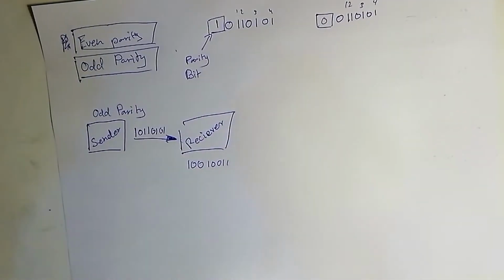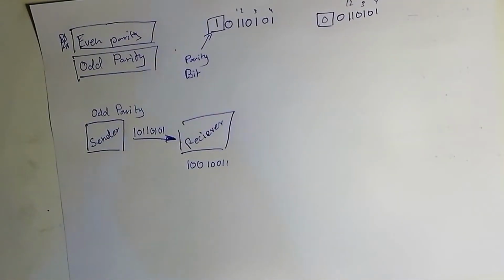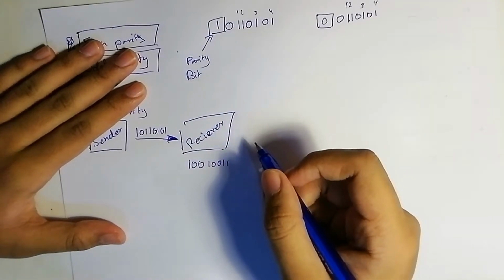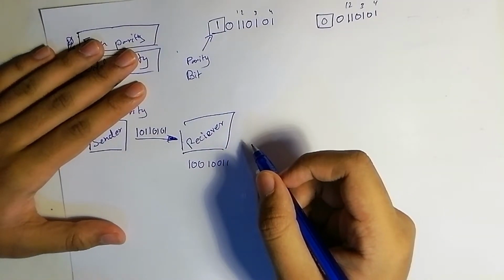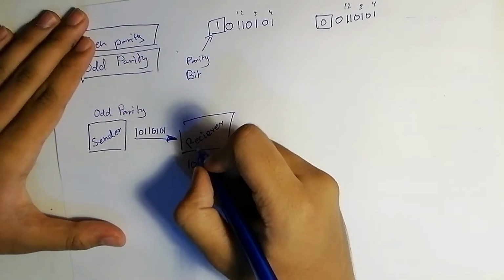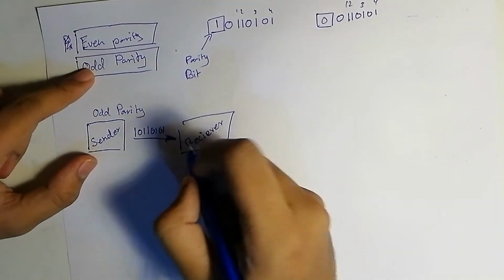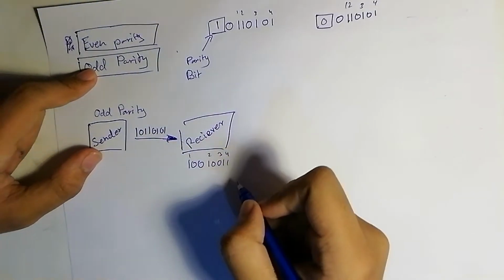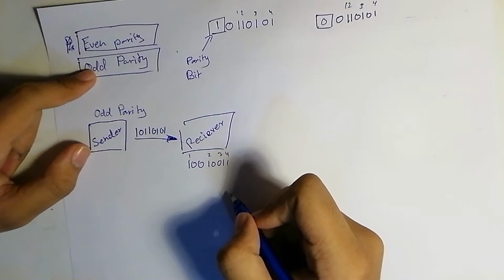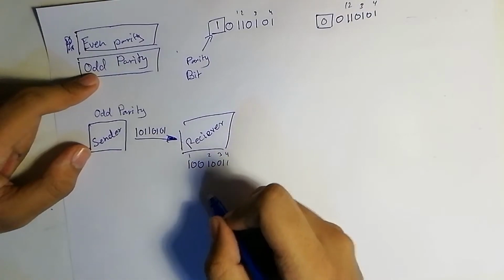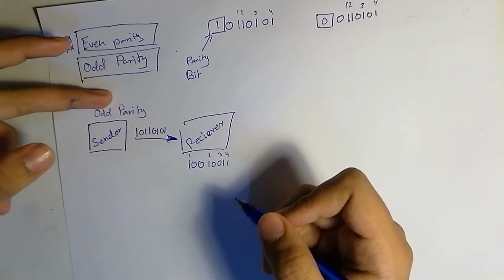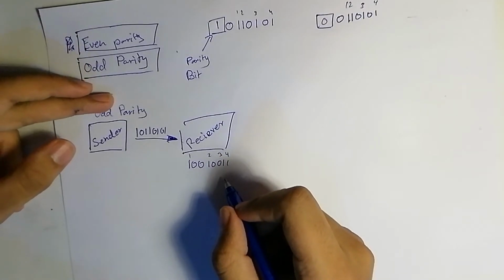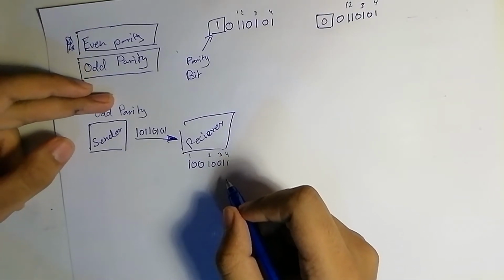Now the receiver receives the data and checks the amount of ones, and it already knows that it's odd parity. It counts 1, 2, 3, 4. Now it says, wait a minute, this is supposed to be an odd number of ones, but why are there evens? So obviously there's an error here. An error occurred in transmission.